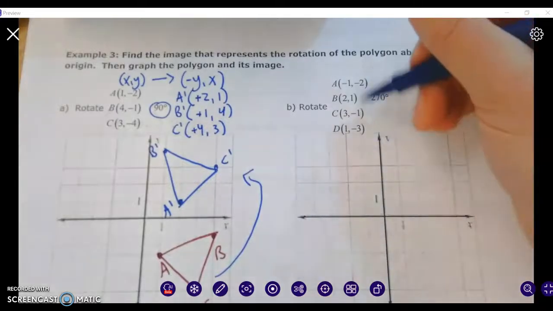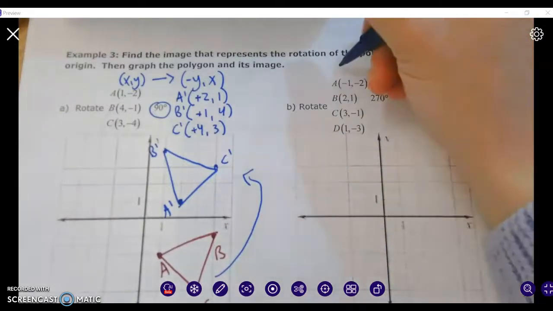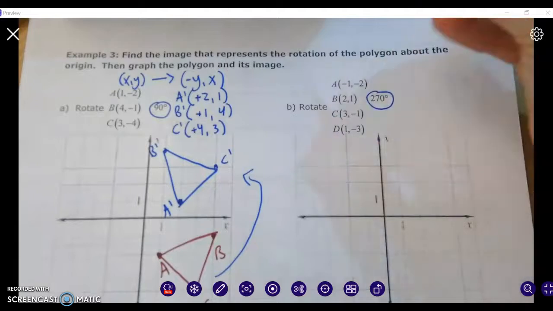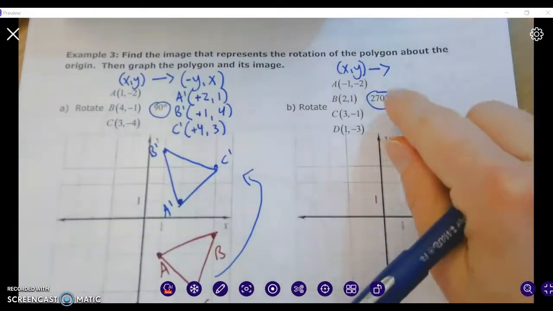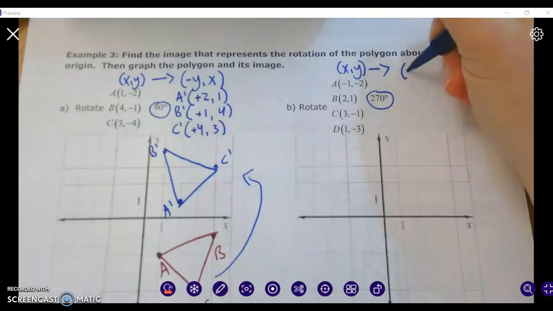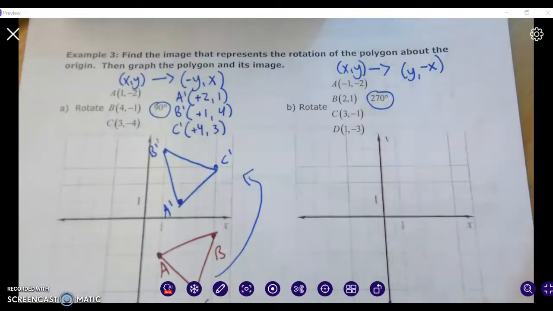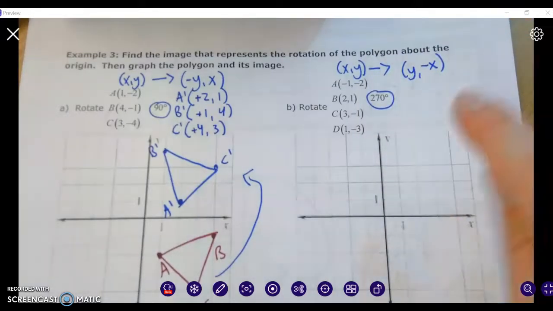Okay, and then we also have this rotation. This one is rotating 270 degrees. My rule is positive y and negative x. I'm going to start by plotting the original points.